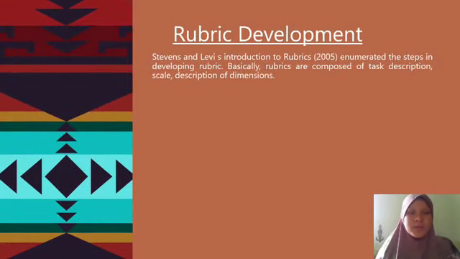So, rubric development. According to Stevens and Lewis, Introduction to Rubrics, 2005, they enumerated the steps in developing rubrics. Basically, rubrics are composed of task description, scale, and description of dimension.